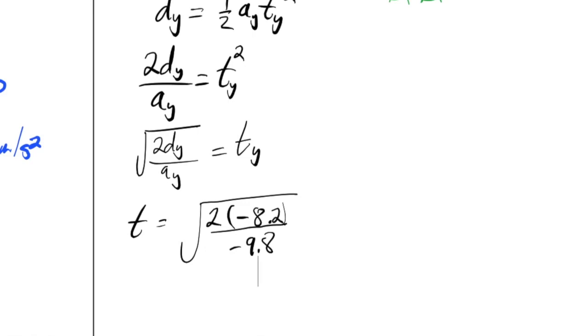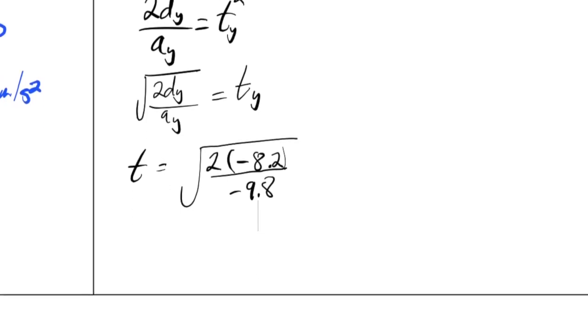Okay, so now here's the thing. This is why you have to get your directions right, because you can't take the square root of a negative number. So if you forget the negative on the displacement in the y, or you forget the negative on the acceleration, bad things are going to happen. Here's the other point I want to make. We don't actually need to fully calculate the time. We're just going to simplify inside the square root, and then I'm going to substitute the square root in the next part of the equation.